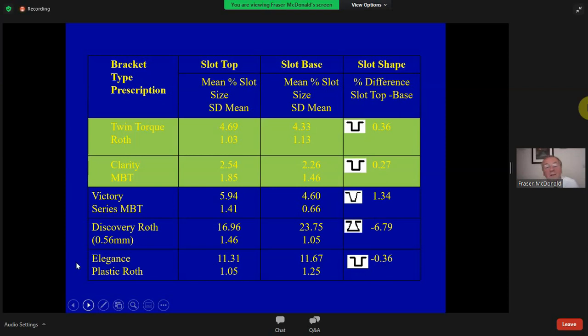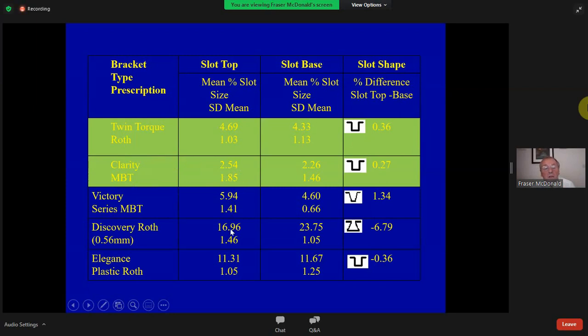But we found in some of the brackets, they were very, very good. And one of the first things we noted with the Clarity MBT prescription brackets, these used to actually fracture the wings quite a lot when we used to use them. And I suspect the problem here was they were made too accurately. There was only a small variation of 2.54%.